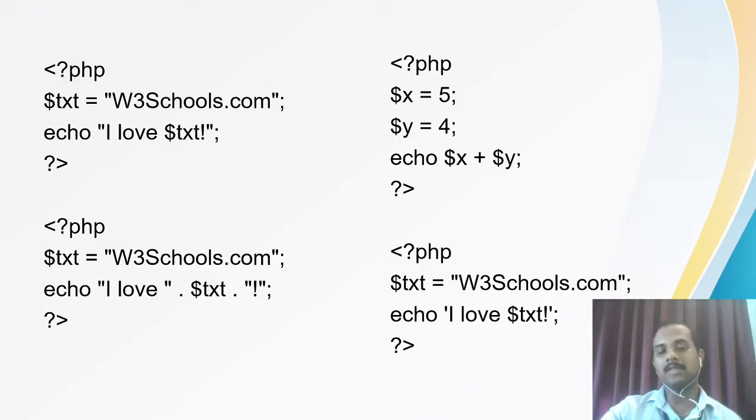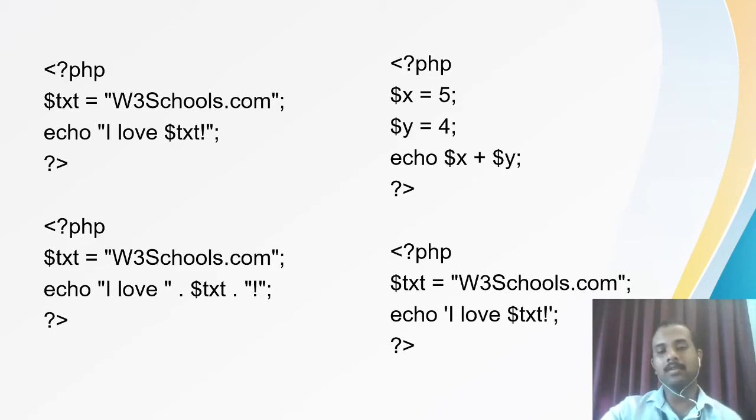But let me do something like this. $z is equal to $x + $y. Then $x + $y is 9, which will be stored in $z. Afterwards, when I use echo $z, 9 will get printed.